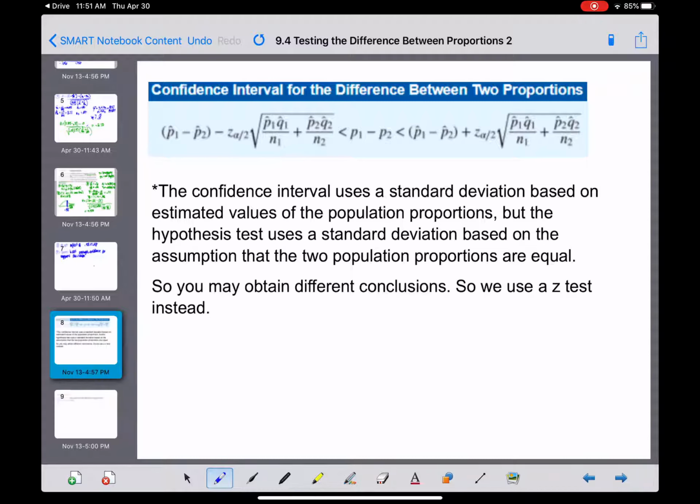The confidence interval uses a standard deviation based on estimated values of the population proportions, but the hypothesis test value uses the standard deviation based on the assumption that they're both equal. So it is possible to attain different conclusions. So we are usually going to use a z-test instead, and we aren't going to talk about whether 0 is in the interval or not.